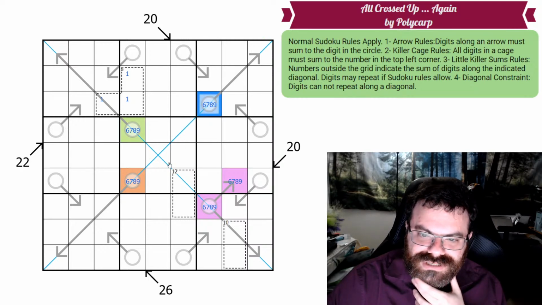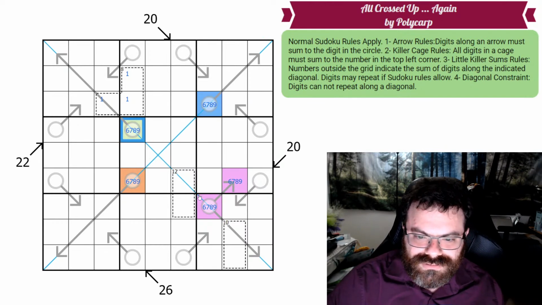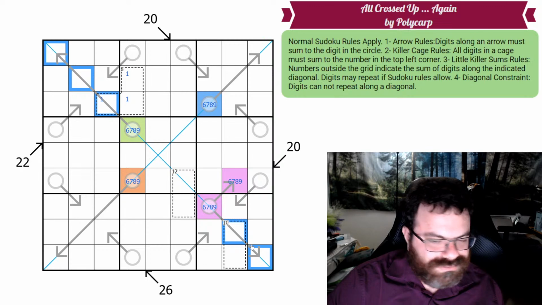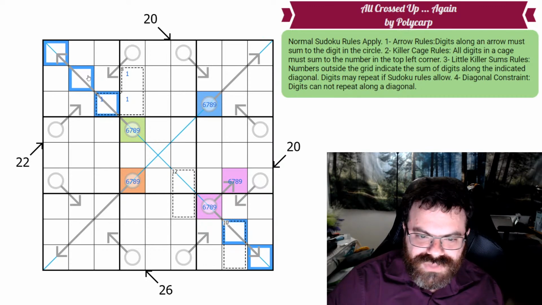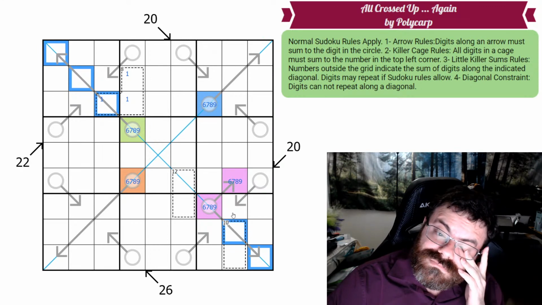No, the logic was I've already figured out these two had to be different. Because I'll go over it again. These add to minimum 15. Oh, they add to minimum 15. That doesn't mean they do add to 15.